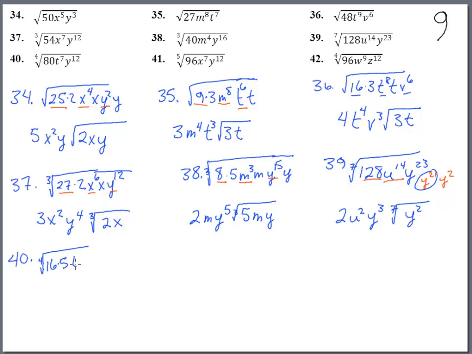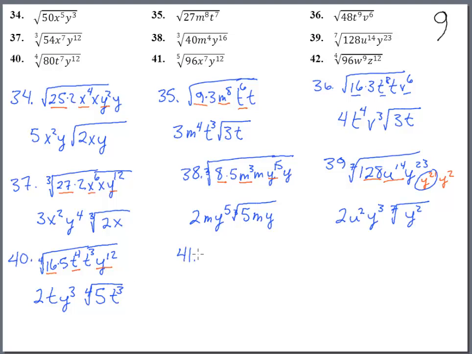T to the fourth is a perfect fourth, and y to the 12th is already a perfect fourth. So 16, t to the fourth, and y to the 12th can come out because they are perfect fourths. So we get 2ty cubed times the fourth root of 5t to the third. That's as much as it can go.